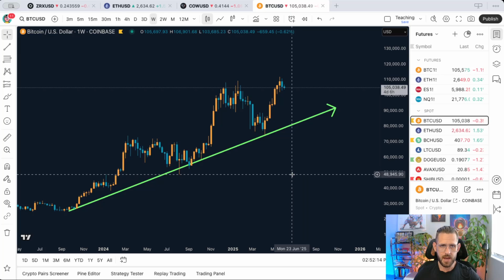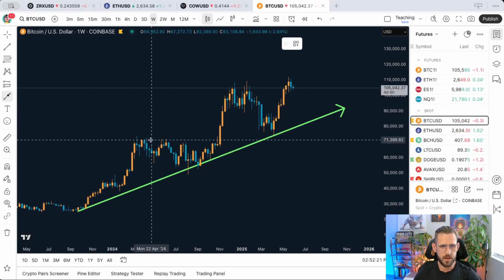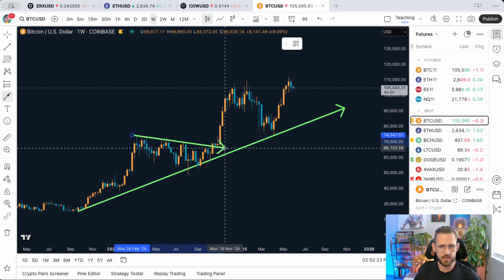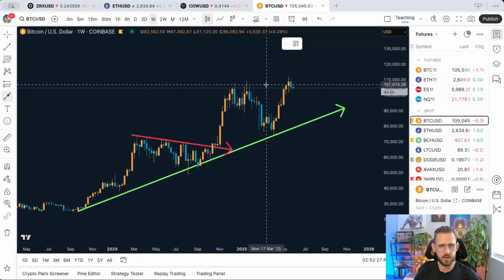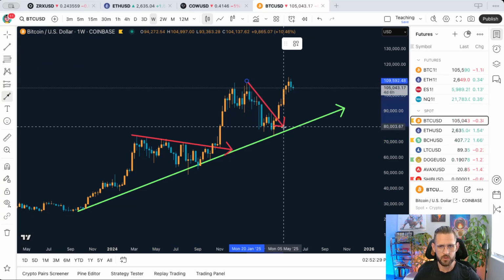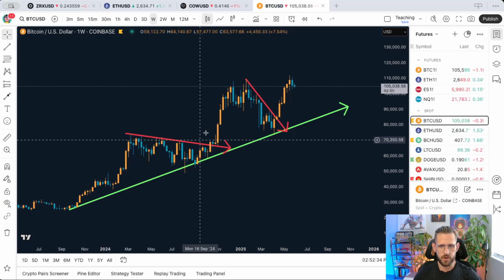And as you can see on this weekly time frame, we have this uptrend, but we also have our downtrends within that uptrend. We have a downtrend, and then we have a downtrend right here, during this trend.